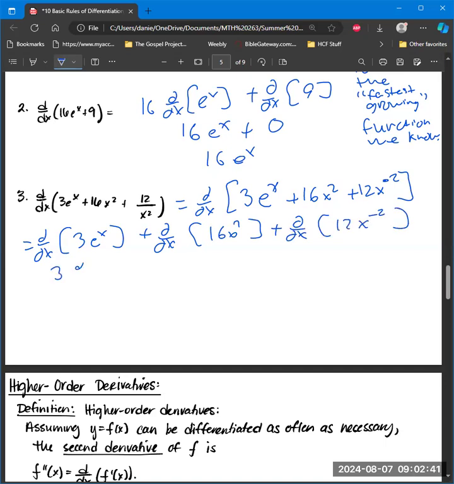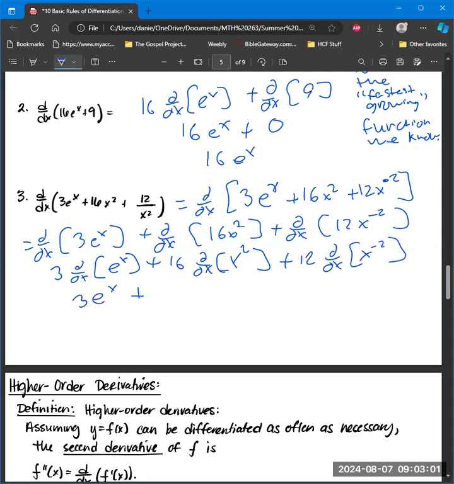which is going to be 3 times the derivative with respect to x of e to the x plus 16 times the derivative with respect to x of x to the second plus 12 times the derivative with respect to x of x to the negative second. It's going to give me 3e to the x plus 16 times 2x plus 12 times negative 2.